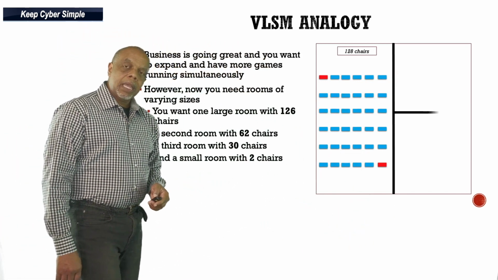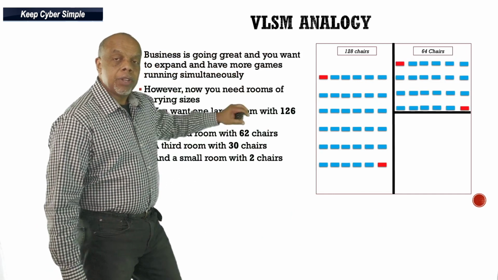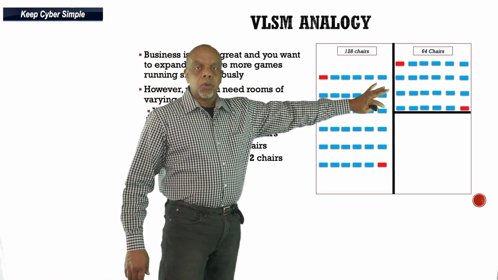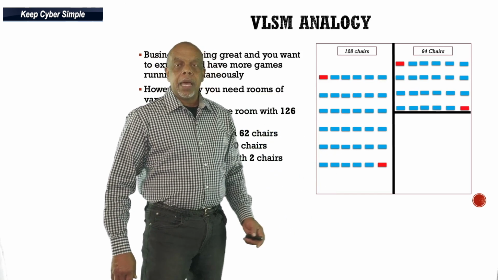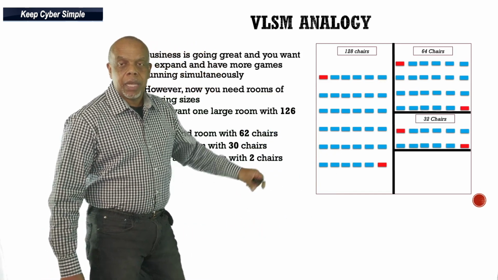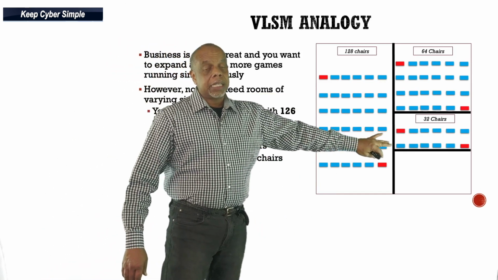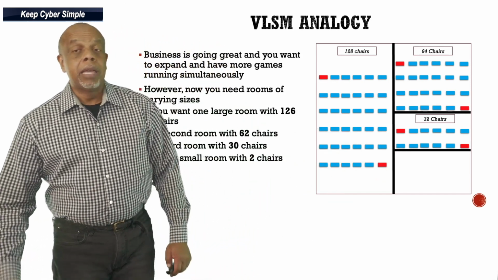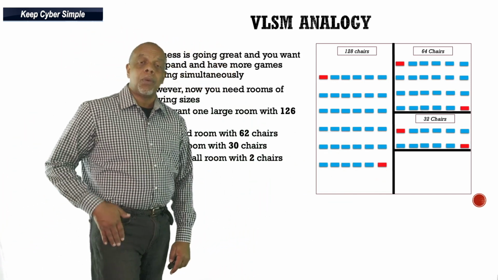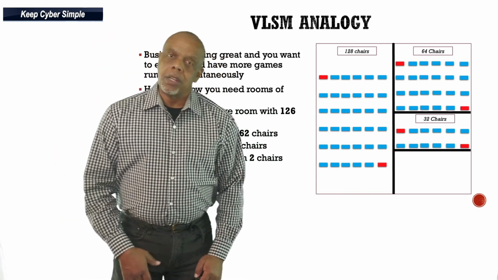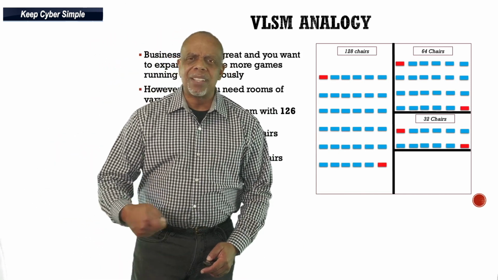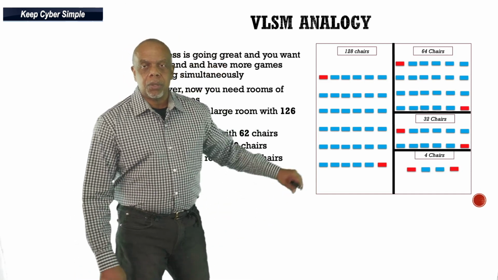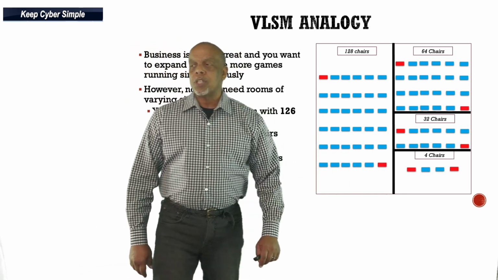So I can have my $100 card players here in a room with 64 chairs, right? Now the $500 card players, it's going to be a lot less of them. So let's say I want to have 32 chairs in that room. And now the high rollers, these are the high roller bingo guys who want to play like $1,000 cards, $1,000 a game. Not a lot of those. So I only want to have about 4 chairs in that room.